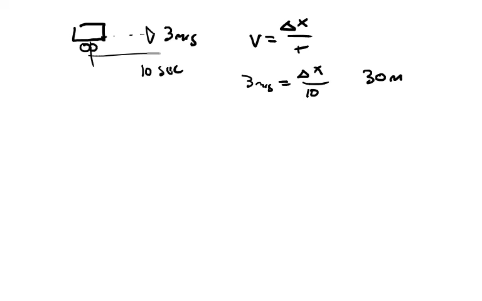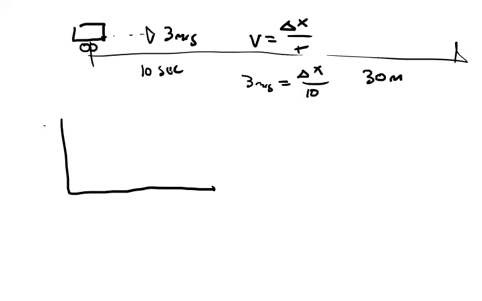If we look at this graphically, not position-time, but velocity-time, let's say it's going 3 meters per second for 10 seconds. So that's what the graph would look like across here. Well, 3 times 10 is 30, right?